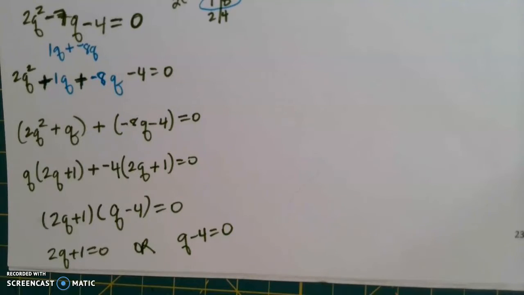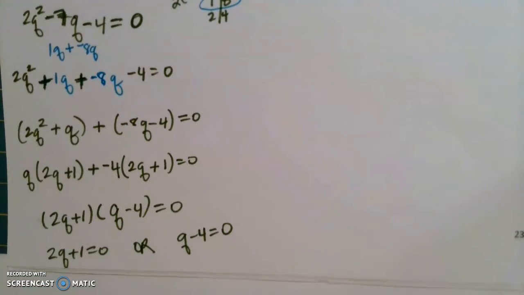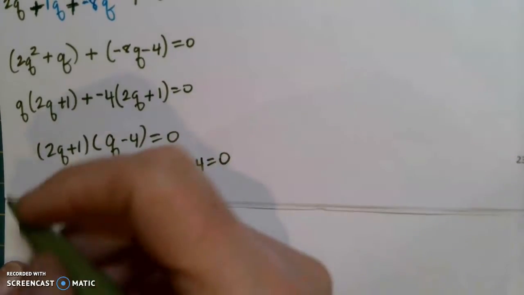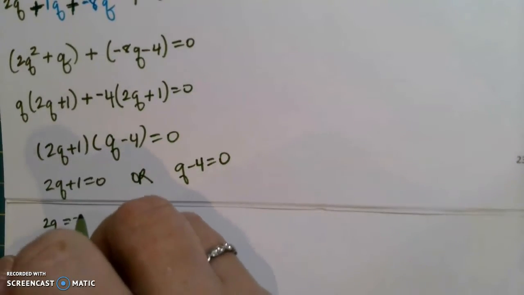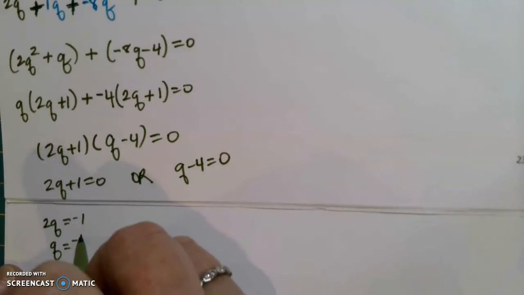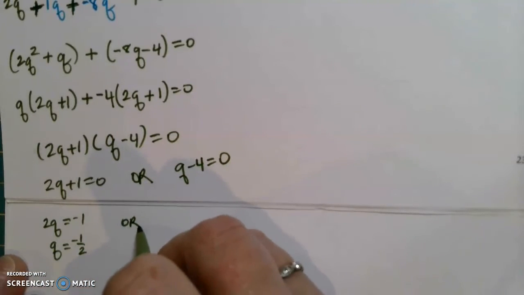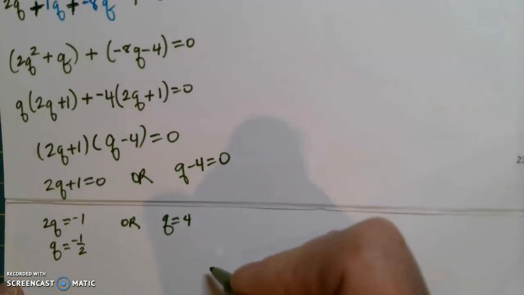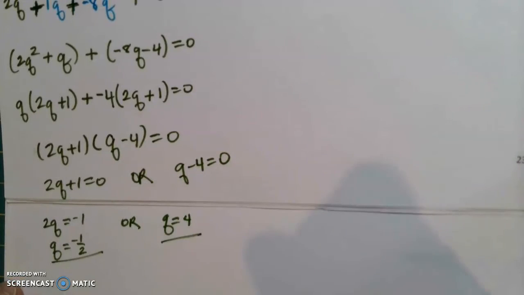All right, so I do have those two linear equations now that I can solve. So 2q equals -1, so q is -1/2, or q equals 4. So -1/2 and 4 are the two possibilities we have.